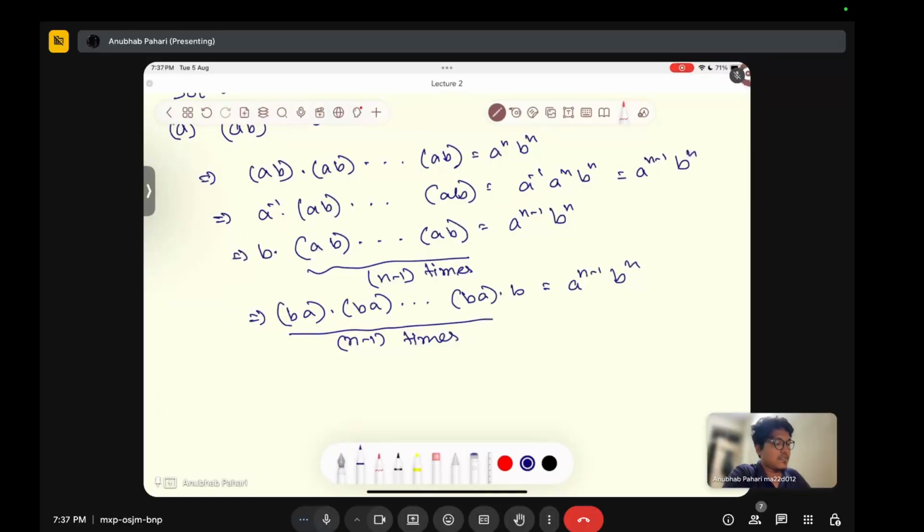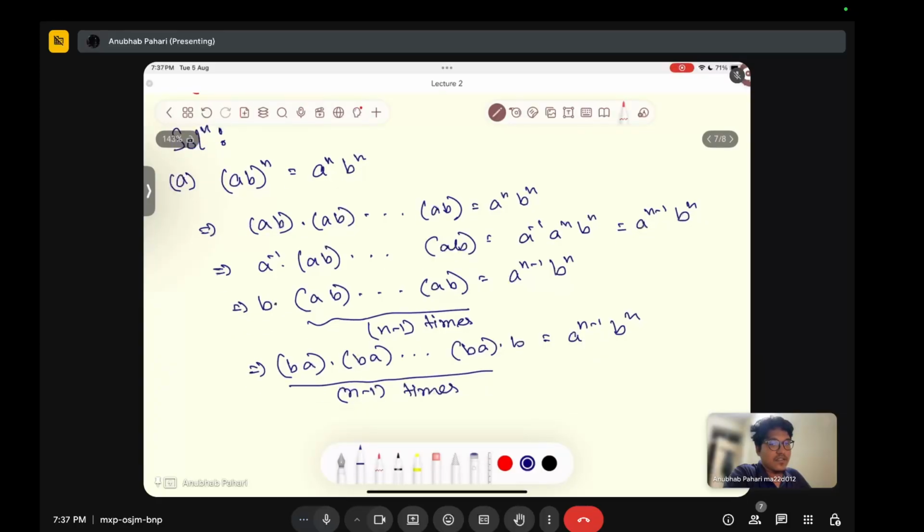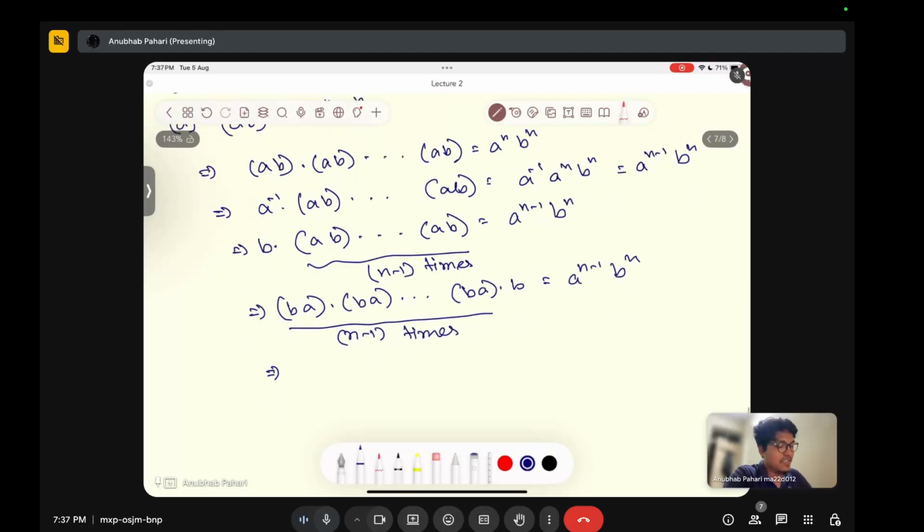Sir, you are going in the wrong direction from this step. You could have used that this n minus 1 times will be ab to the power n minus 1. There are several ways to prove this, but I have a pre-written one in my notebook, so I am just following that.